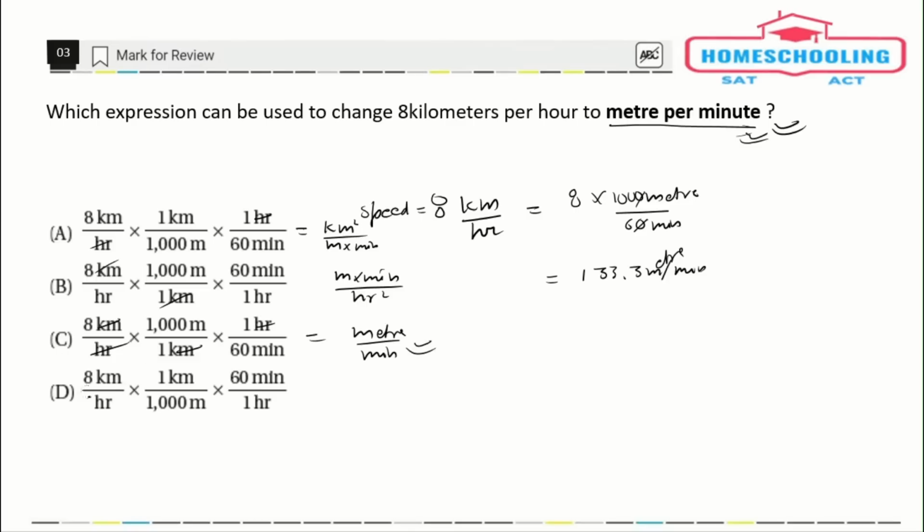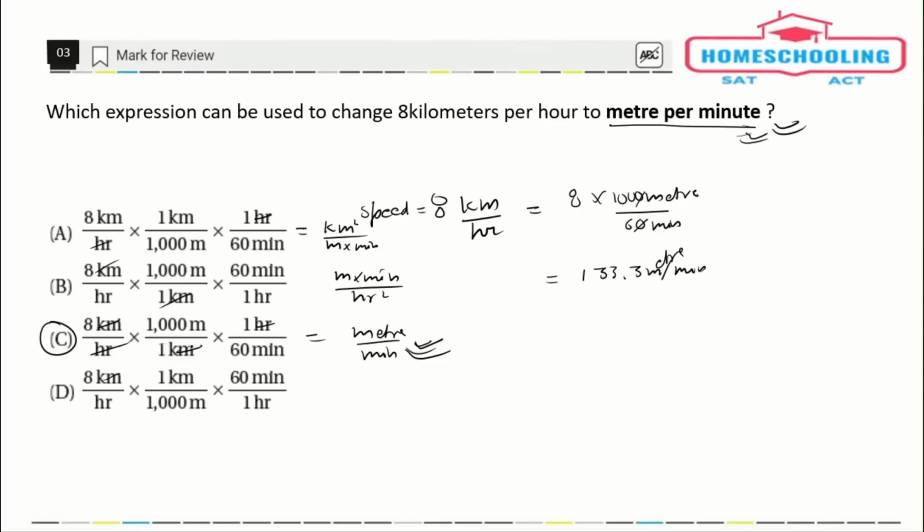Now let's check the last option also. Here none of them are getting cancelled. So option C will be your correct answer, because you can find the unit that is asked in the question.